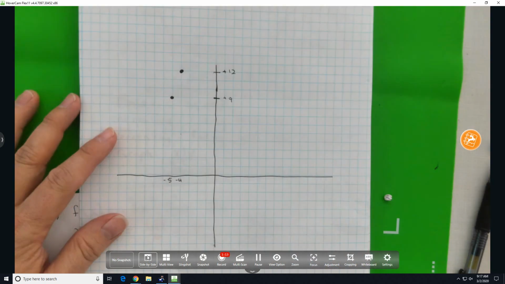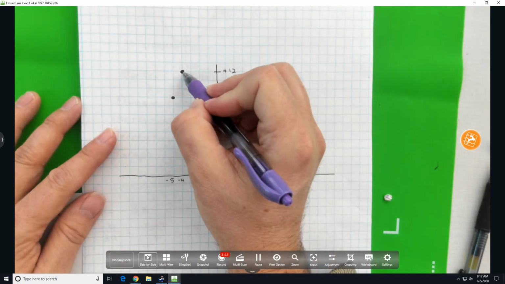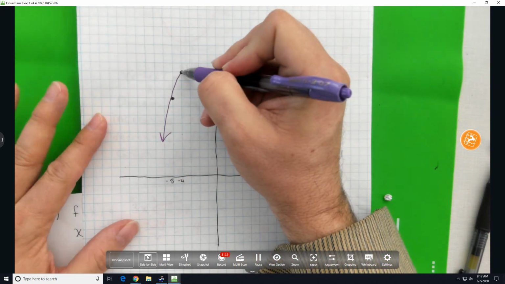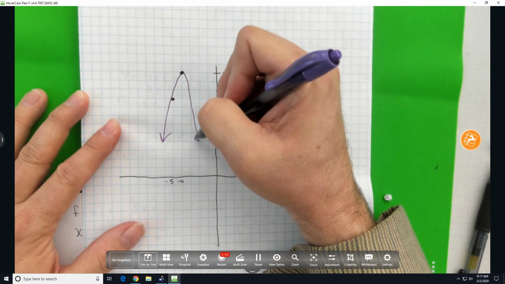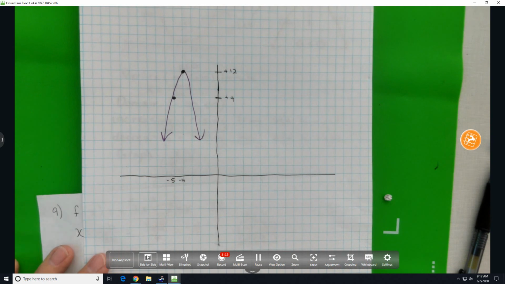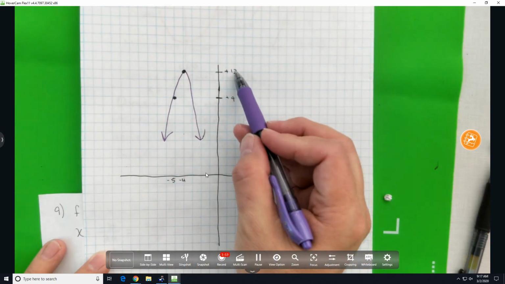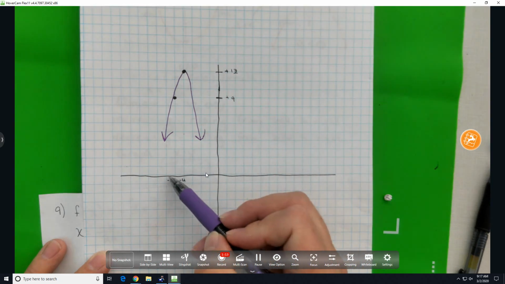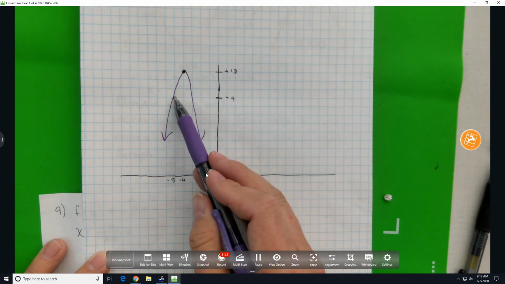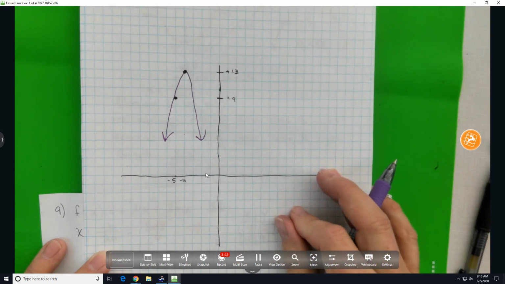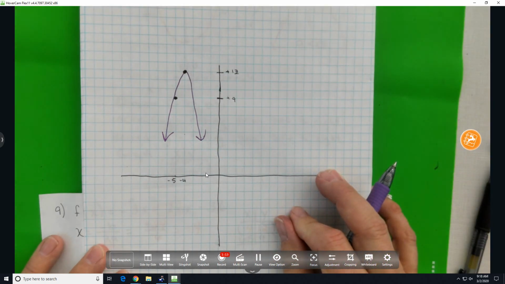Now, if you were graphing on paper, there's the vertex, and there's that secondary point. So there it is. It's going down like that. Notice how it just keeps going. There's -4, +12, and -5. There's that secondary point. We drew the left side, and then just drew the right side by freehanding it.